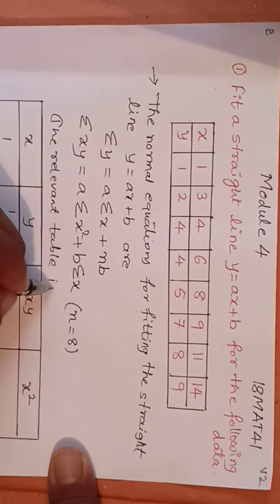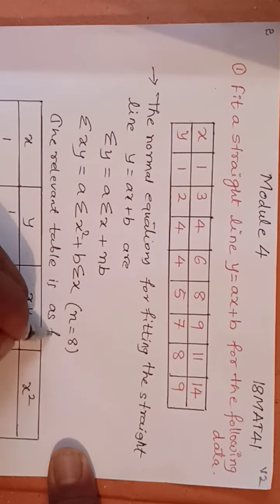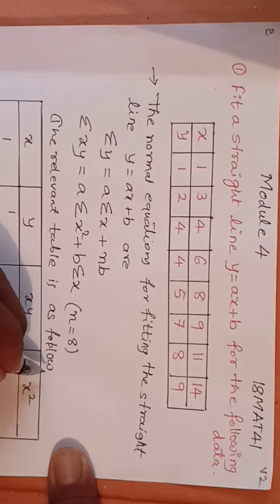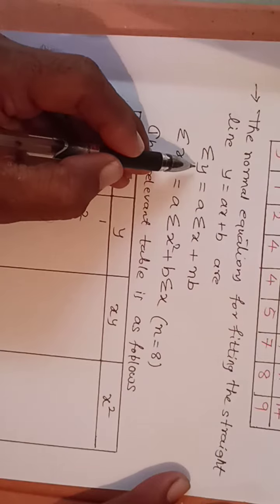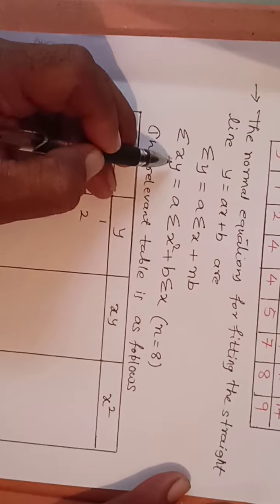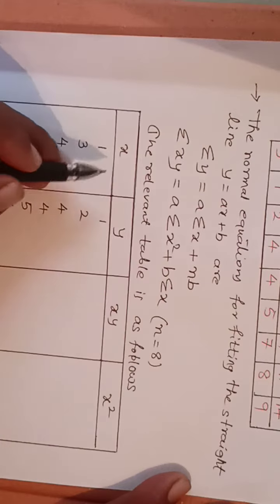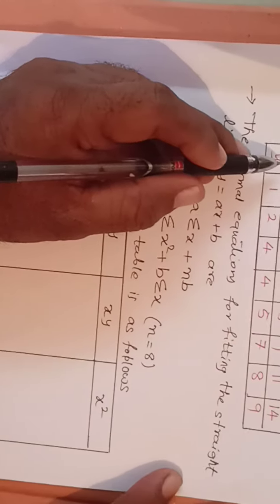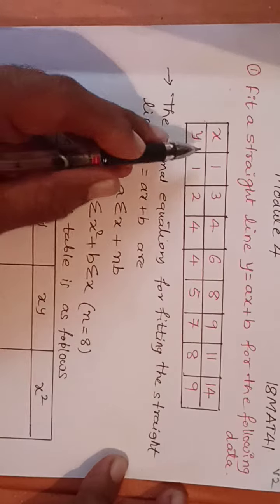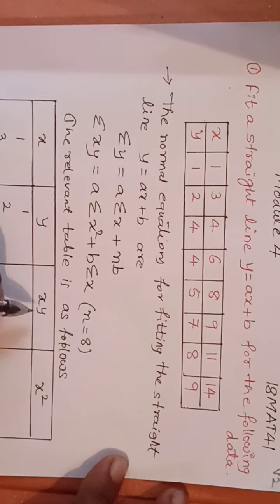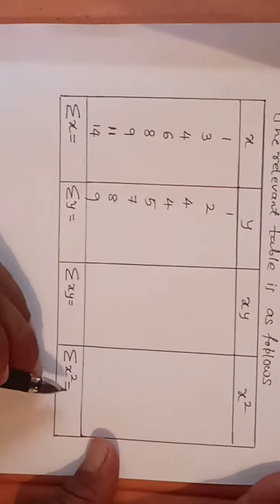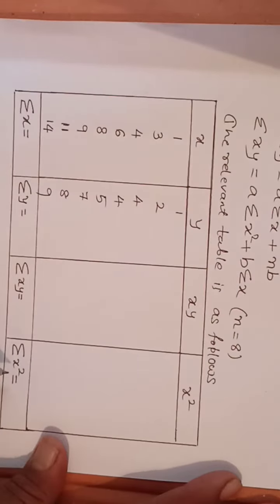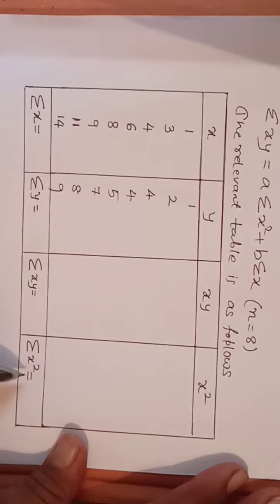Next the relevant table is as follows. In the table we require summation of y, summation of x, summation of xy and summation of x square. So first are the given values, then xy to find summation of xy, and x square to get summation of x square.